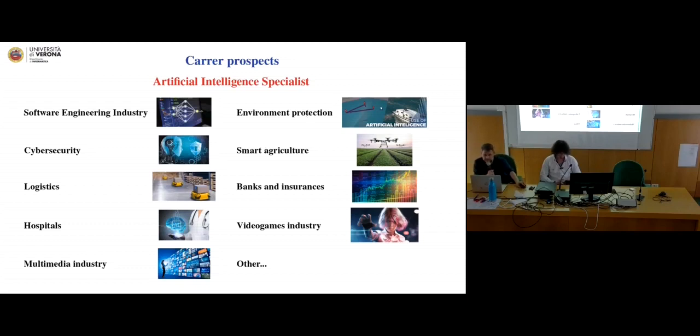For instance, we showed before the application related to drones, okay, smart agriculture, banks and insurances, video games. We will also see some applications about banks in the next part.